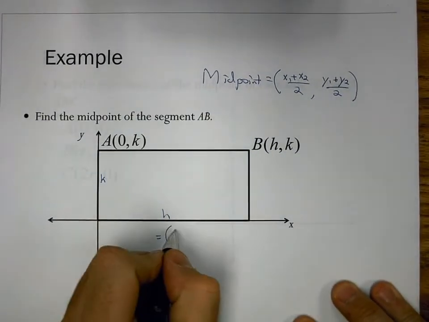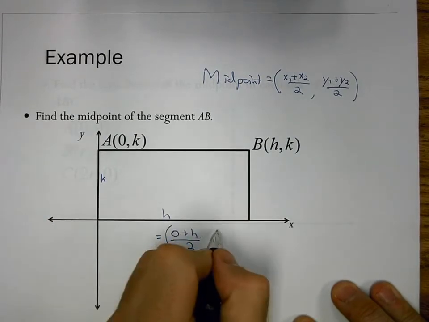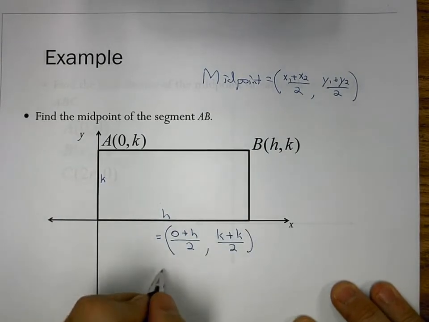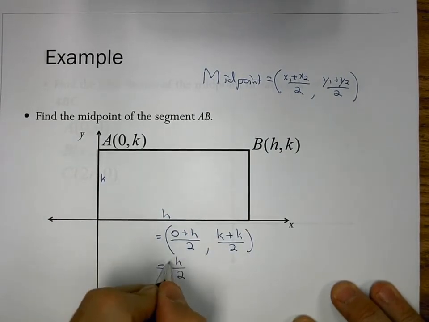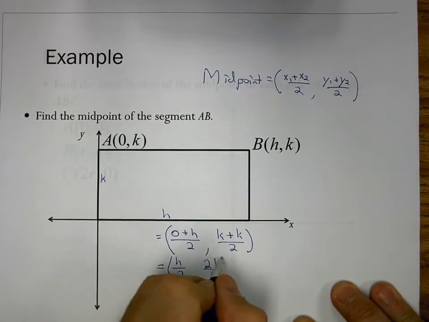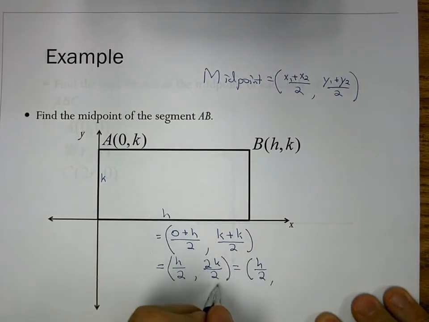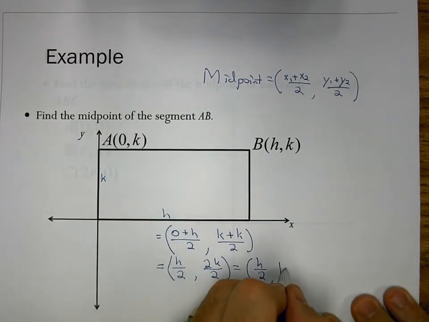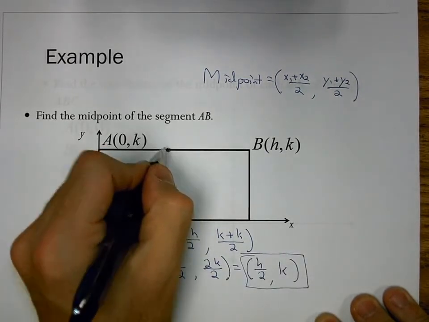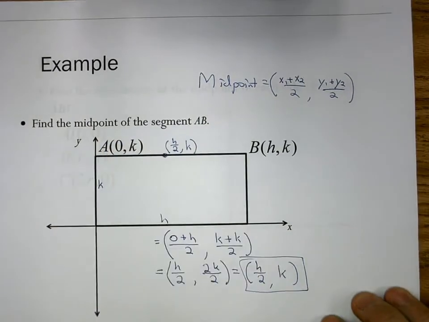So my x values are 0 plus h, dividing that by 2, k plus k, dividing that by 2. Well, I get h over 2, and I get 2k over 2. Well, h over 2 stays the same, but now 2k over 2 can just become k. So the coordinates at this midpoint would be h over 2 and k.